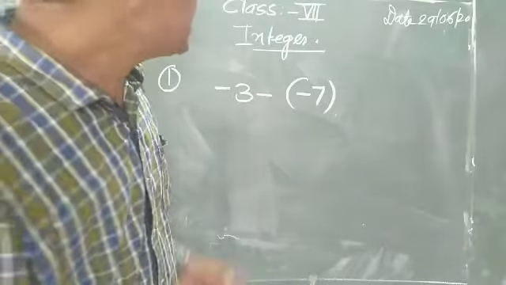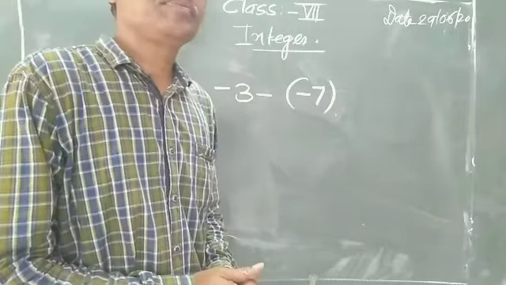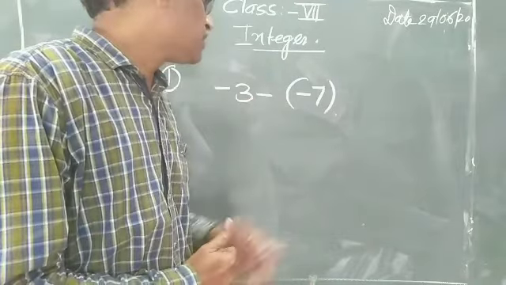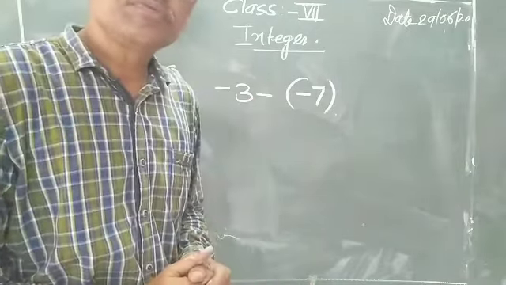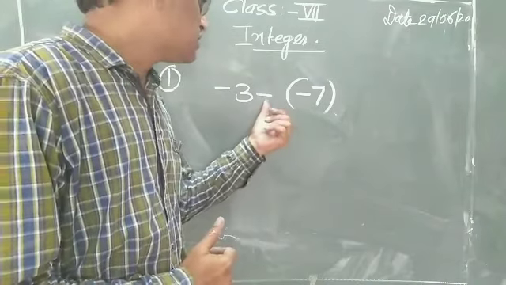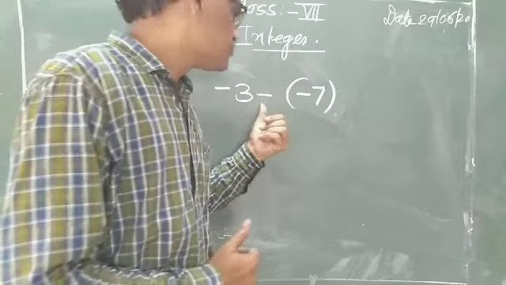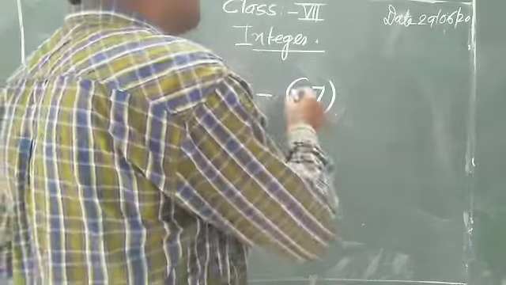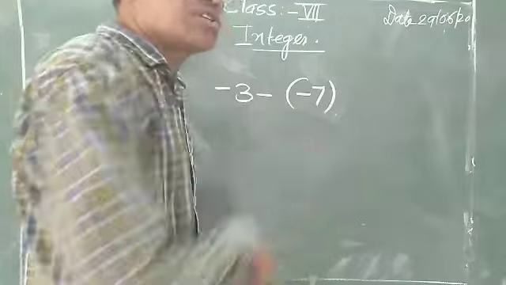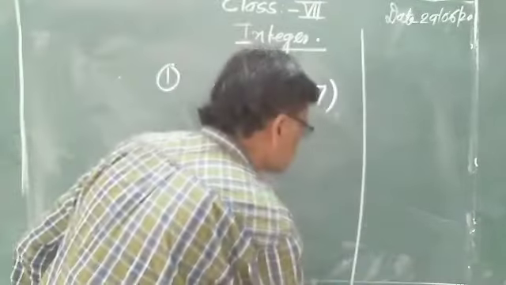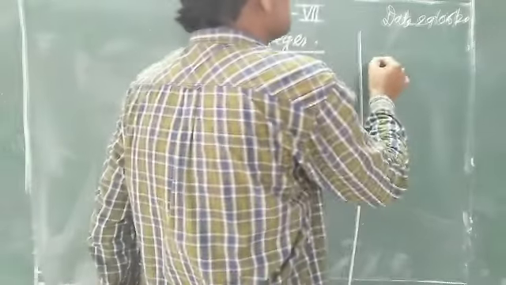You see this example, the first number is negative, another number is negative, but here a negative sign is there outside the bracket, and that sign will be a product.